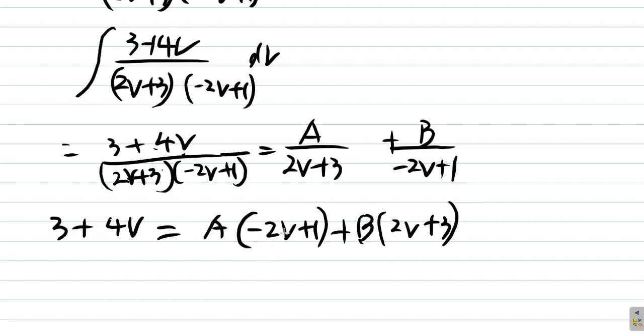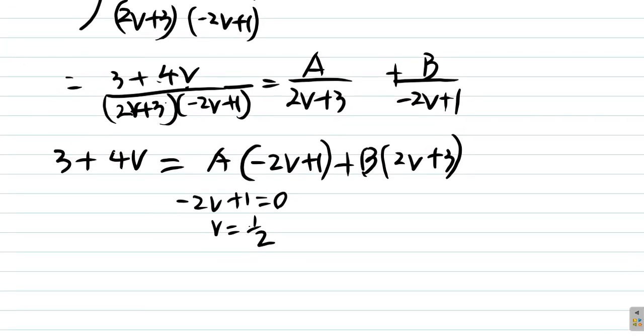Let us make this negative 2v plus 1 equal 0. It means that v would have to be negative 1 over negative 2, a half. So make v a half. You have 3 plus 4 times half, but 4 times half is 2, so you have 3 plus 2.